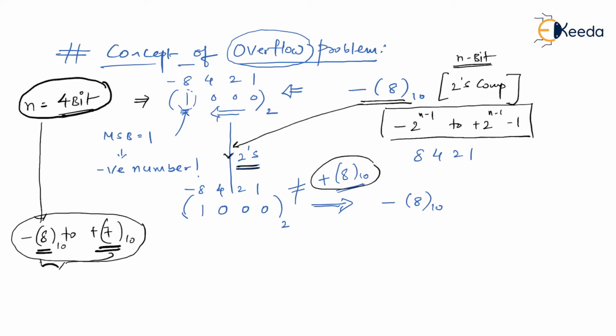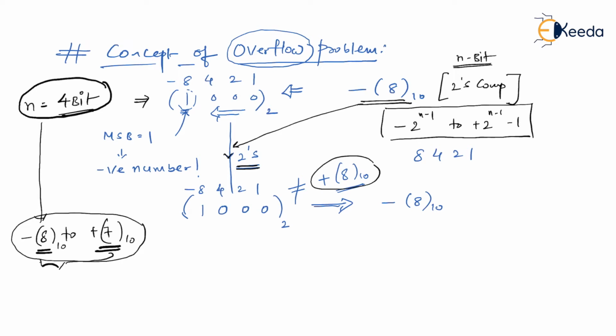I hope you understand that. So you are trying to violate the rule. You are trying to cross the range which is set by the formula, and this way you can say that you have overflown the range. Since you have overflown the range, you are not able to get positive 8 even though you are taking 2's complement of minus 8.